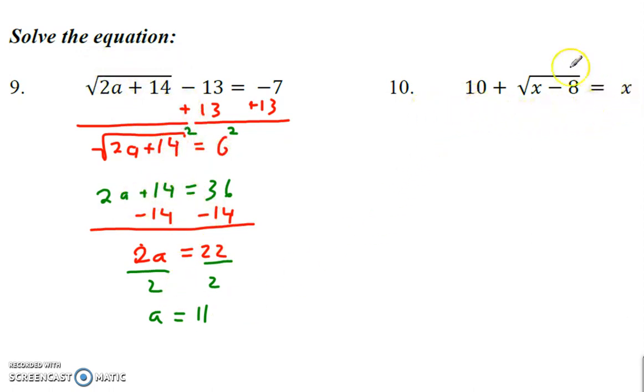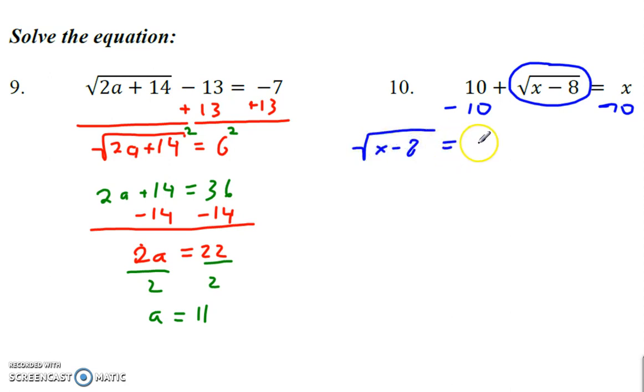Number 10, this one's going to be one of the hardest problems. We need to isolate the radical, which means subtract 10 from each side. So that gives us the square root of x minus 8 is equal to 10x minus 10. Now, square this. Careful here, don't make the mistake of just applying a square to each term.